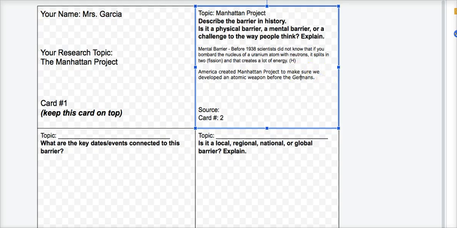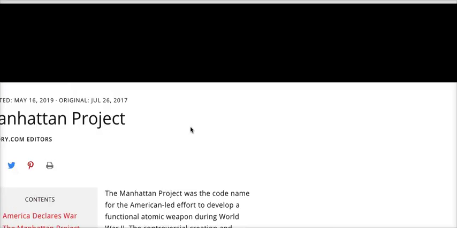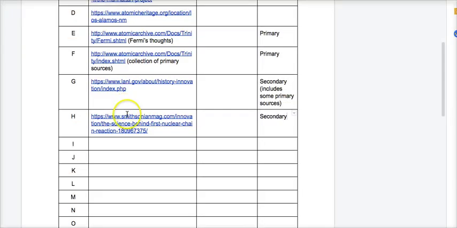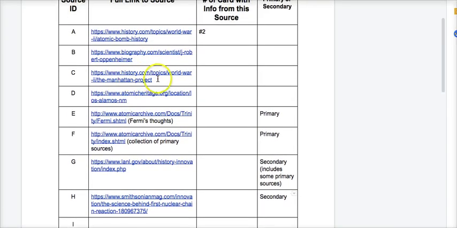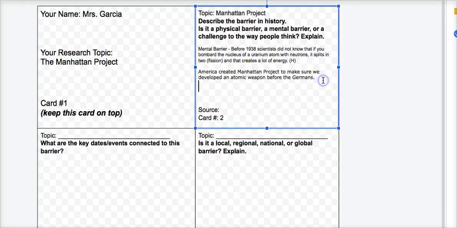This one was from my Manhattan Project source, which is already in here, and I think it's this one, so it's C. So I'm going to go back to this card, I'm going to put a C there, and then the sources are H and C.